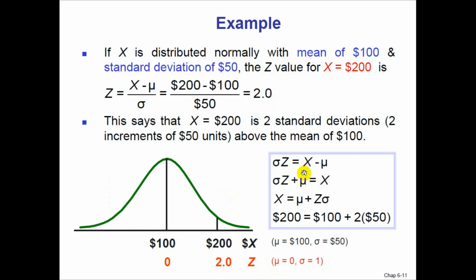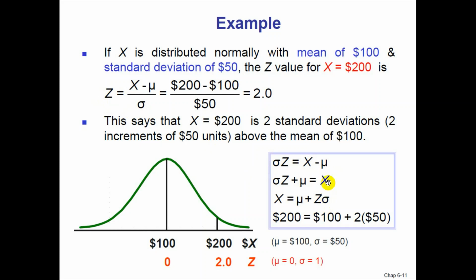How do you check whether you did it correctly? In this formula, if I move sigma to the left-hand side, it becomes multiplied, so I have sigma z equals x minus mu. When I move the minus mu to the left-hand side, it becomes plus mu. So this is how I get the x value: x equals mu plus z sigma.